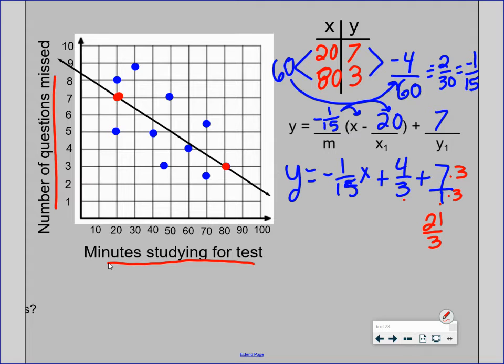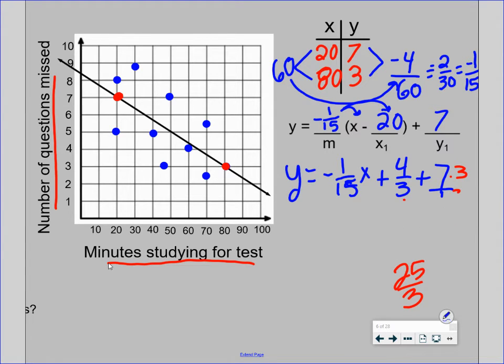So that's an equal number. Well, 4/3 plus 21/3 gives us 25/3.